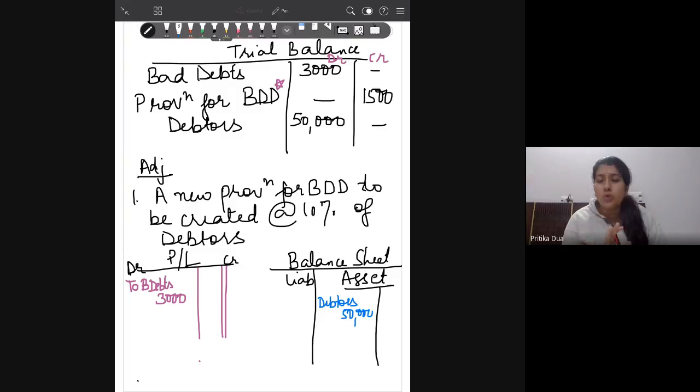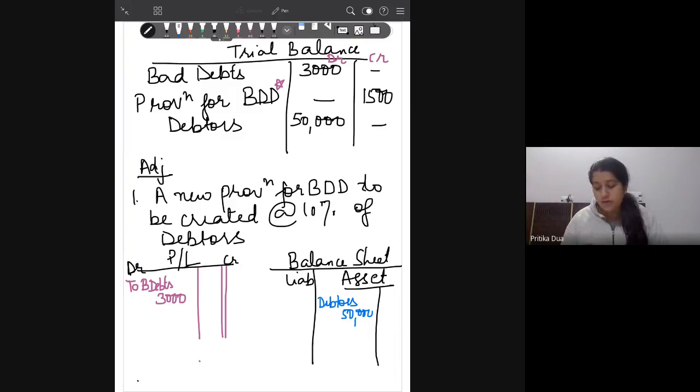So here there is no other adjustment related to bad debts. Directly on 50,000 I will make the provision. 10% provision 5,000, and now the final amount of debtors in the balance sheet will be 45,000.